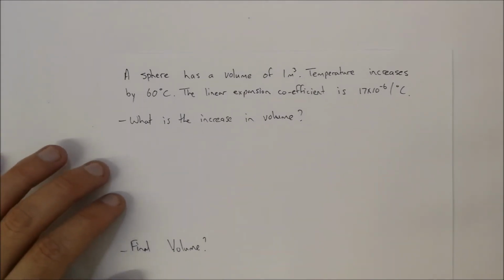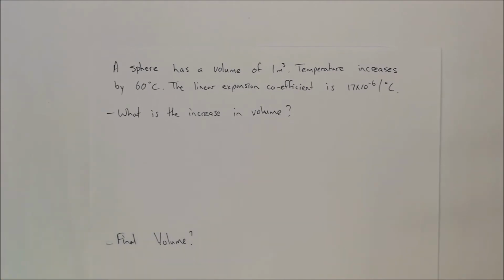Okay, so let's have a look at an example. We've got a sphere with a volume of 1 cubic meter. The temperature increases by 60 degrees Celsius. The linear expansion coefficient is 17 times 10 to the minus 6 per degree Celsius. First, what is the increase in volume?